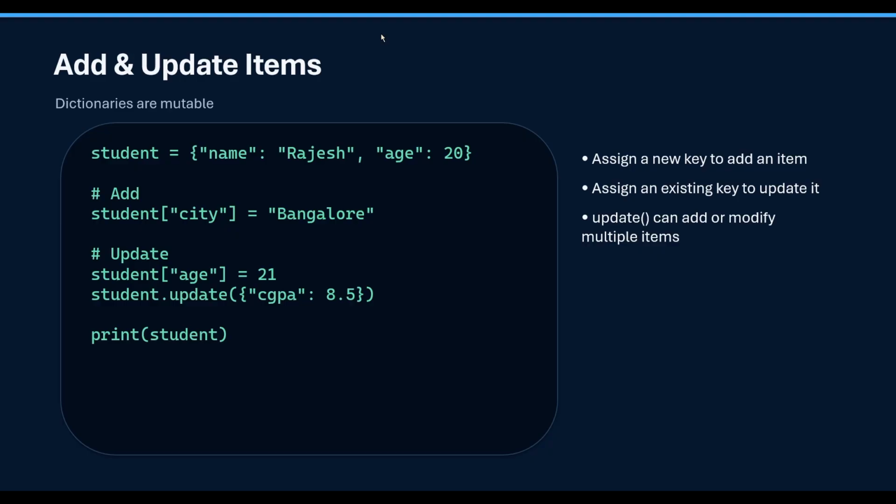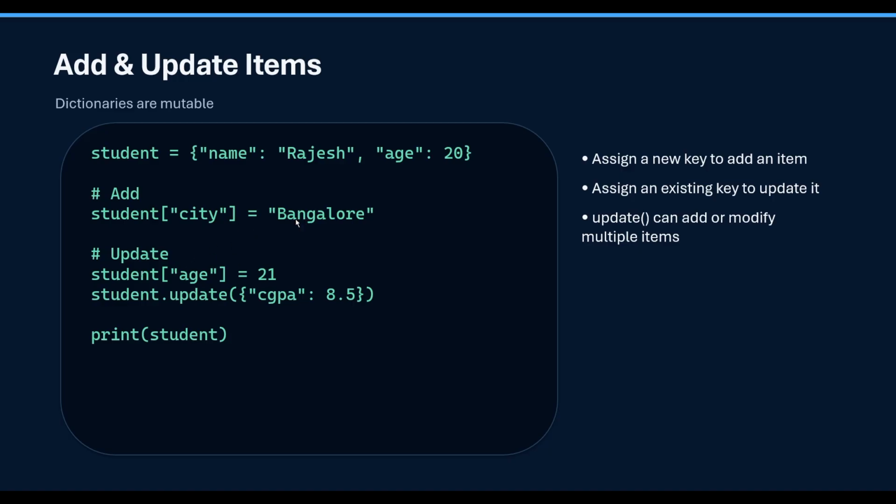Now let's understand how we can add and update values. We have one method called update. We can use the dictionary format, and in between we write which key we have to update and the value we are updating. So this is one way.